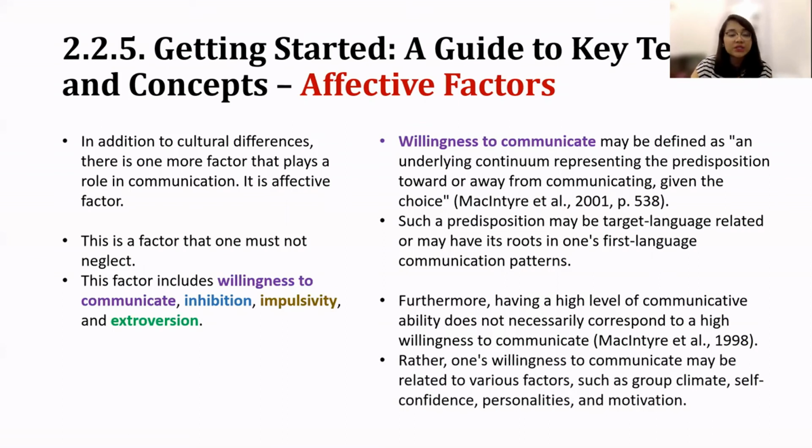Rather, one's willingness to communicate may be related to various factors, such as group climate, self-confidence, personalities, and motivations. So although someone is very good at communicative ability, he still doesn't have a high willingness to communicate if he's not motivated, or because his personality is not just like that. Like his personality is not like liking communication a lot, right?